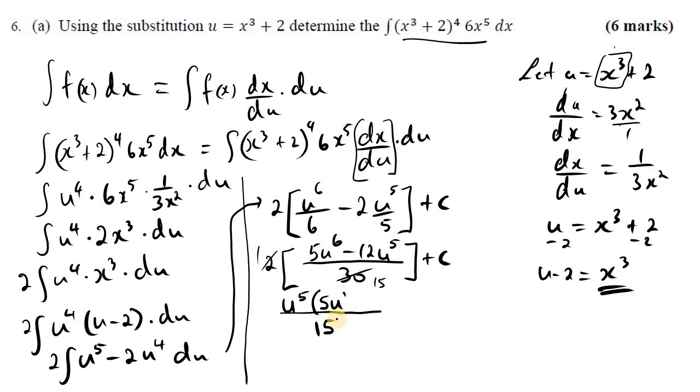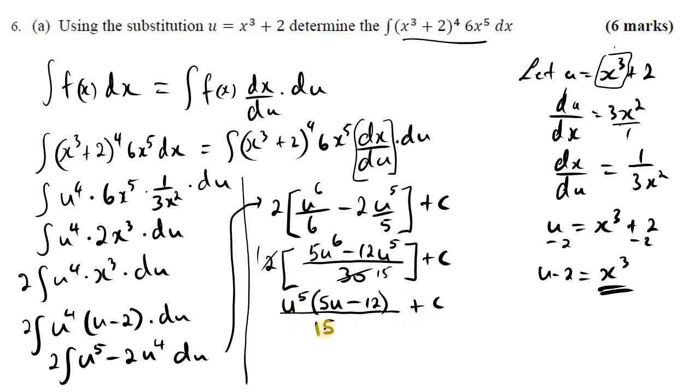Remember it's 5u to the 1, right? Because when you multiply u to the 5th by 5u to the 1, you get 5u to the 6th. Minus 12. Let's write it somewhere better. So when we factor out u to the 5th from 12u to the 5th, we're left with 12 only. And then we put back the plus c here.